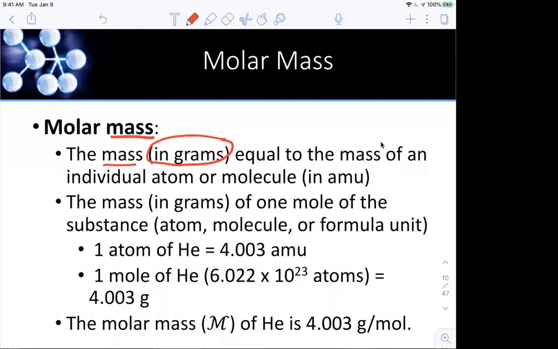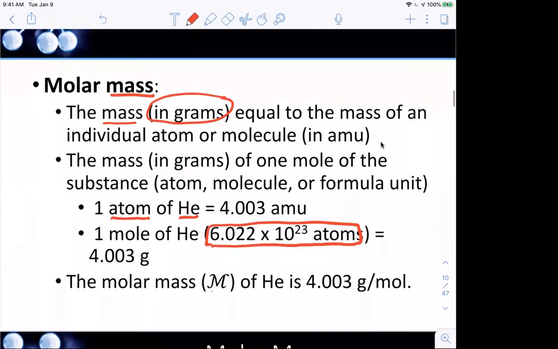So for example, 1 atom of helium has a mass of 4.003 atomic mass units. 1 mole of helium contains this many atoms, and it has a mass of 4.033 grams. So the molar mass, which is this sort of capitalized, italicized big M, is going to have units of grams per mole.